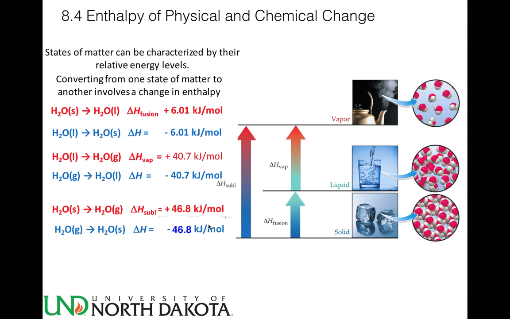Now, the states of matter are characterized by their energy levels. The solid of any type of material has the least amount of energy, and this is a reflection of solid compounds. Their particles are not allowed to move past one another, and that's because they don't have a lot of energy.